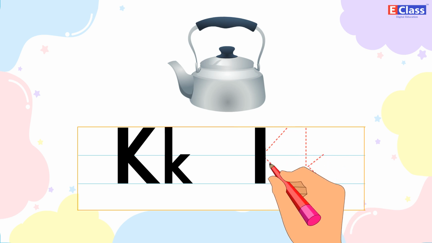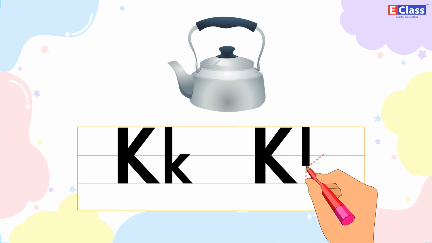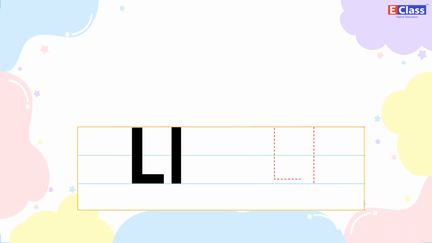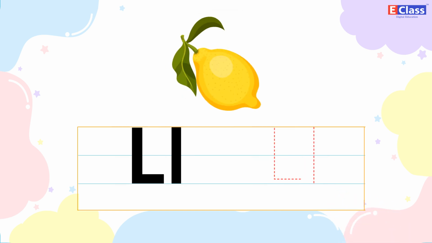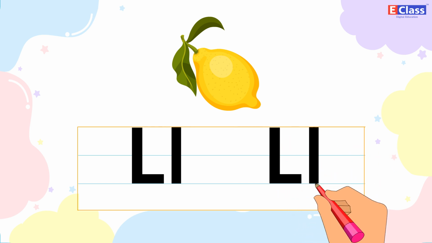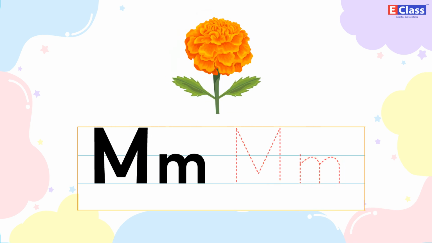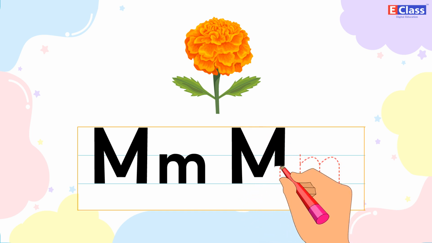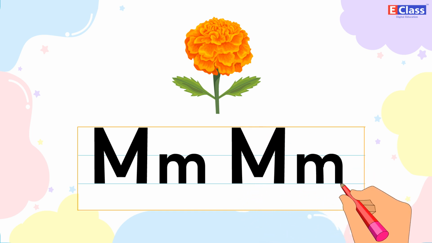Capital K, small k. L for lemon. Capital L and small l. M for marigold. Capital M, small m.